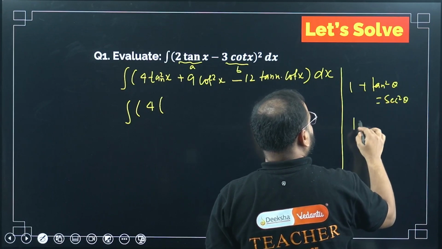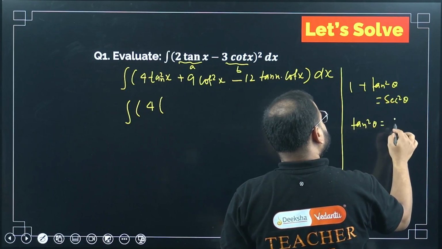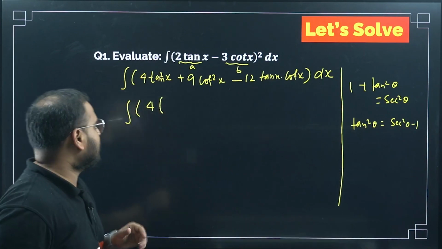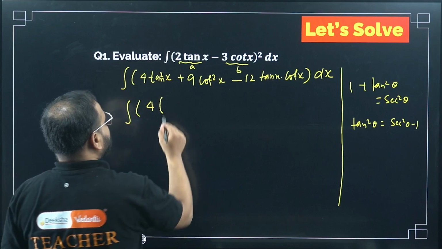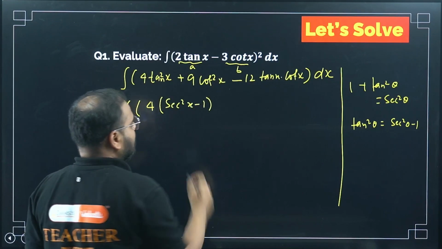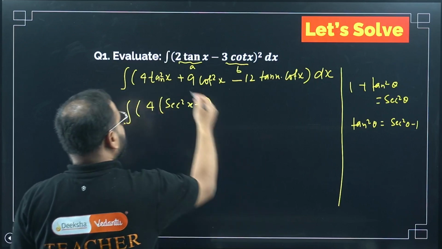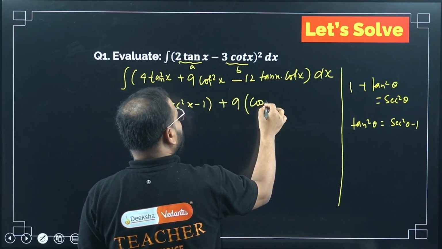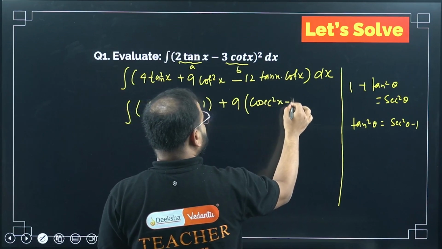So what is tan square theta? Sec square theta minus 1. So in place of tan square I write sec square x minus 1. First one is done. Same way you do the cot also: 9 times cosec square x minus 1.